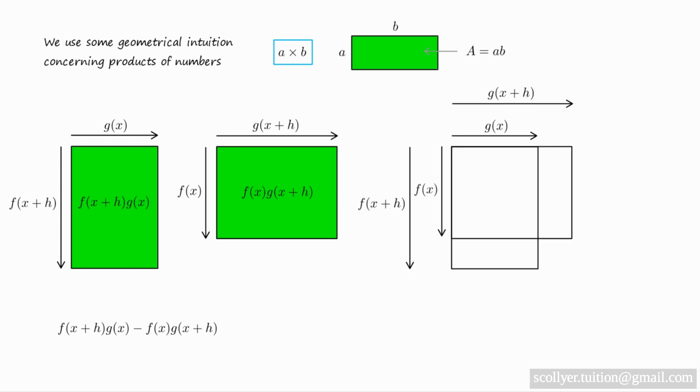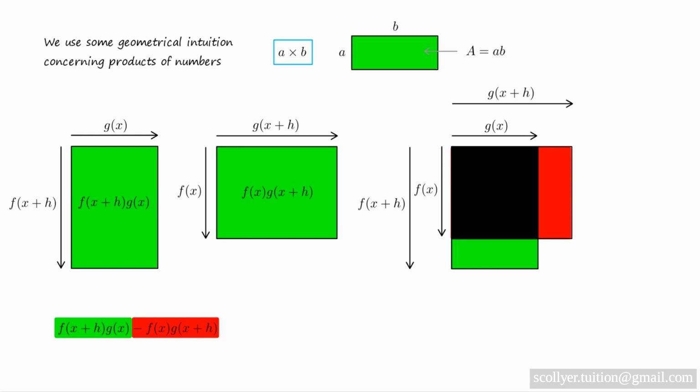And we note that the area shaded green corresponds to the term f of x plus h times g of x, and the term minus f of x times g of x plus h corresponds to the area shaded black and red.